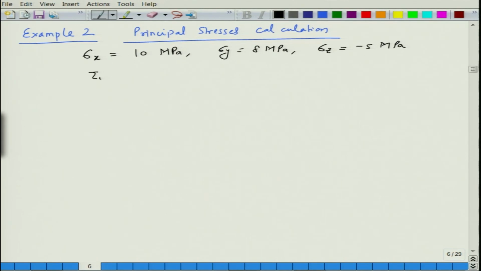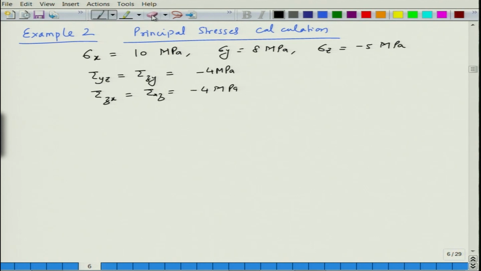So, we can calculate tau yz and tau zy. Tau yz and tau zy are given as minus 4 MPa, and tau zx, which is equal to tau xz, is given as minus 4 MPa again.